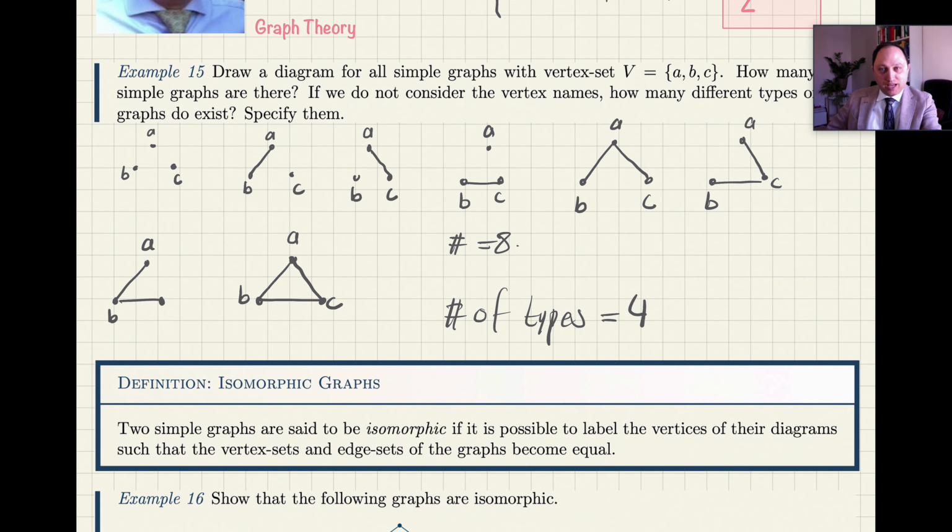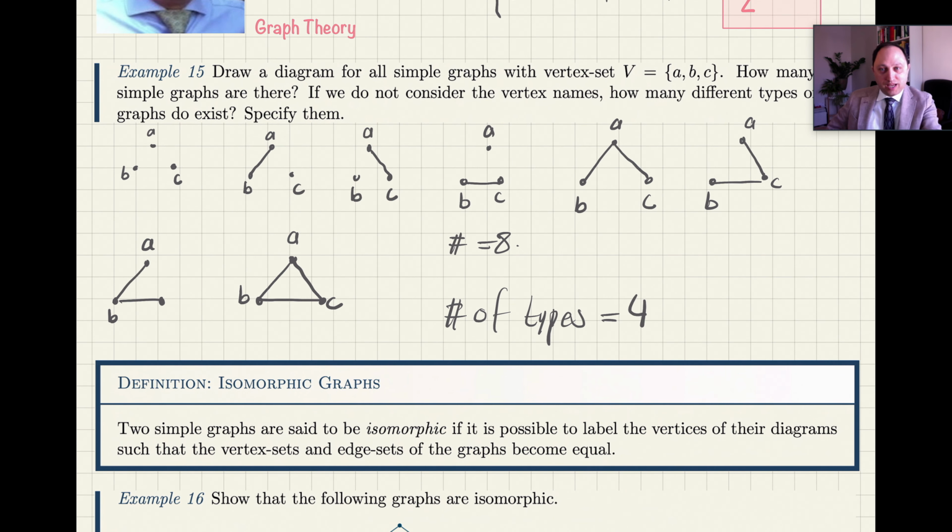In other words, if you consider these nails and these edges as rubber bands, without tearing the rubber bands, you can detach these nails from the wood and reorder them to make this pentagon. If this can happen, it means that the graphs are isomorphic.